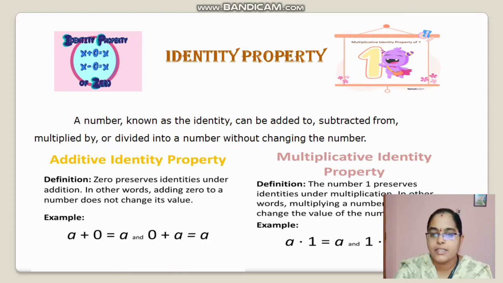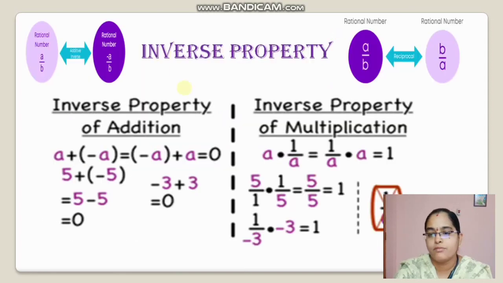Now see the next property, that is the inverse property. Here also, the inverse property holds under addition and multiplication only. The inverse property under addition is nothing but whenever I add a number to another number, the resultant must be 0. Suppose I take 5 as an example and add some other number to 5 and I want the result as 0.